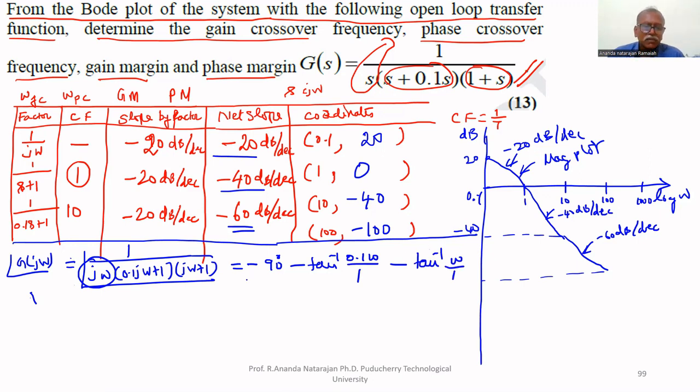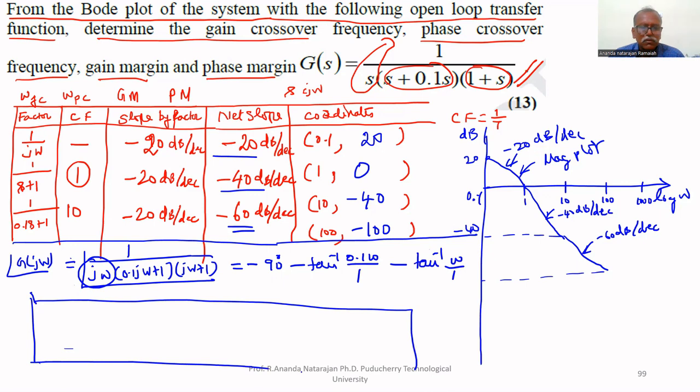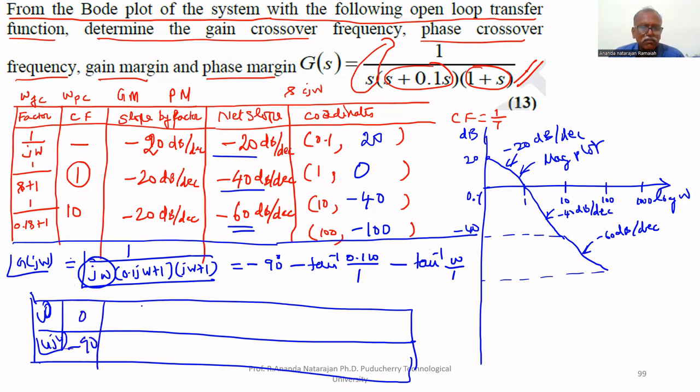That's all. We have to find the table. When omega equal to 0, angle of G of j omega is minus 90, because both tan inverse terms become 0.